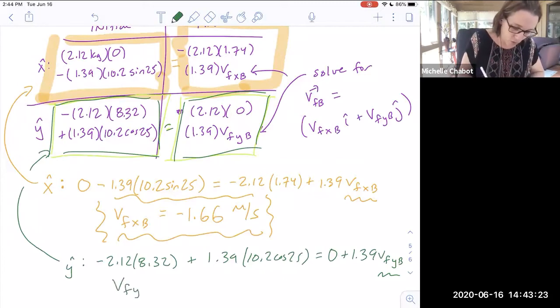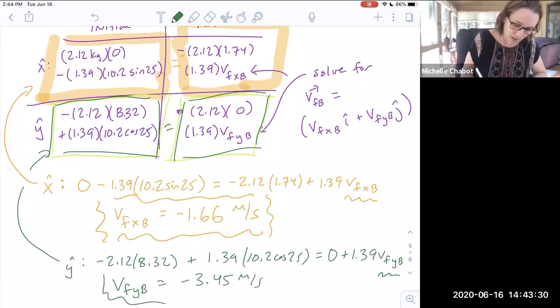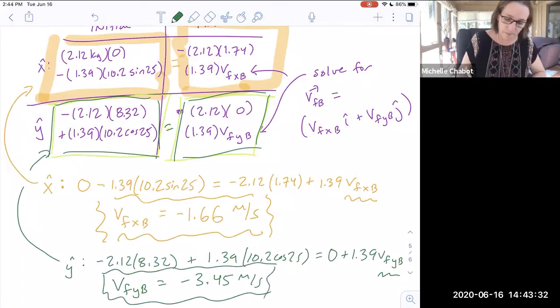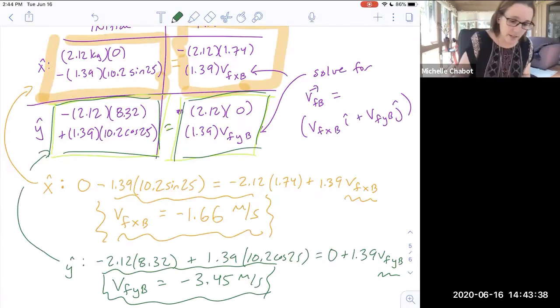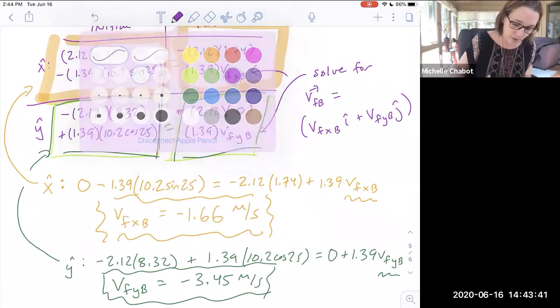So v final yB, then I can solve and I get negative 3.45 meters per second. And that gives me my final velocity in the y direction. I can combine that, and then now I can just write out my answer.